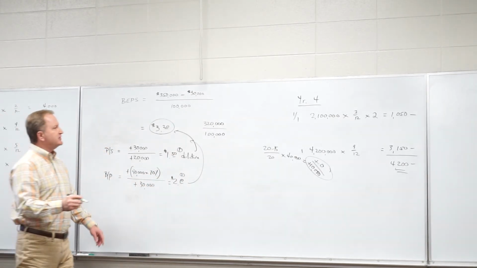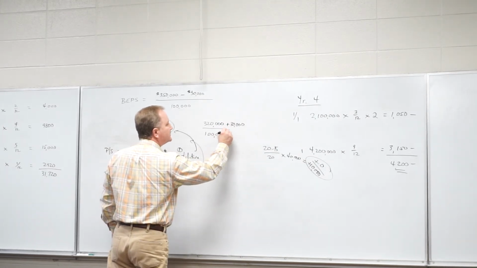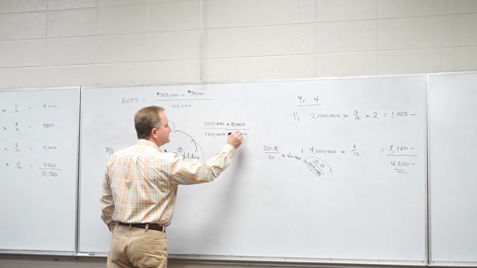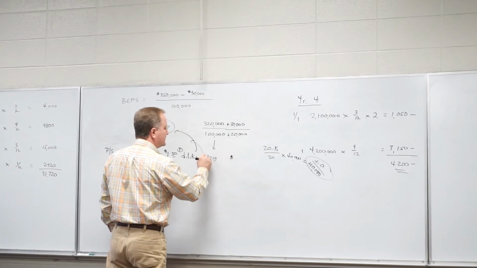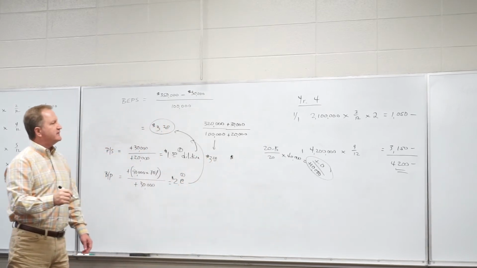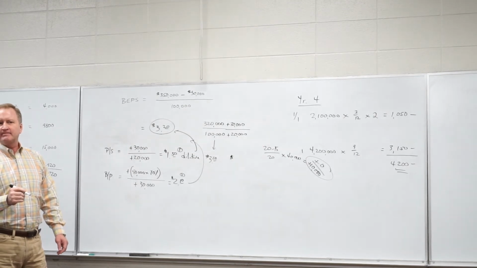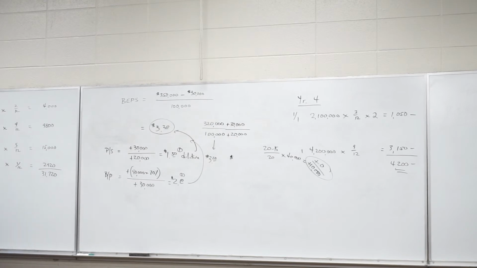So the first thing I'm going to do is add 30,000 to my numerator and 20,000 to my denominator. Okay? What is 350,000 divided by 120,000? $2.92.